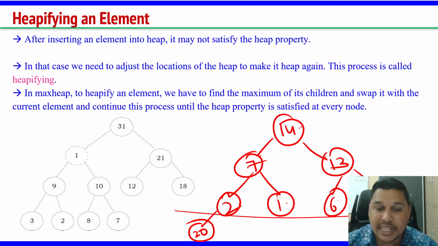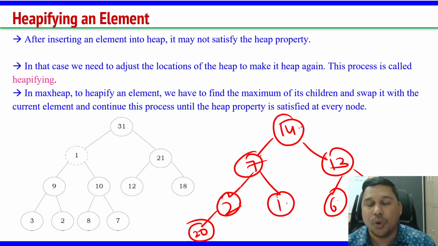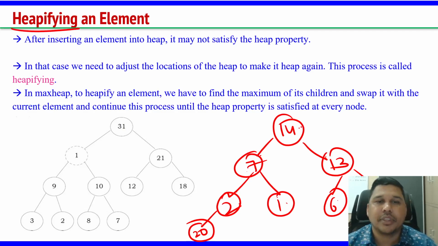Okay. But when I insert a new element 20 here, is the tree satisfying the heap property? No. As soon as I insert a new element into the tree, it is violating the rules of the heap property. Same like in AVL tree, when we were inserting, the height was not being balanced. So, we were doing some rotations. Same way here we will be doing heapifying. Okay.